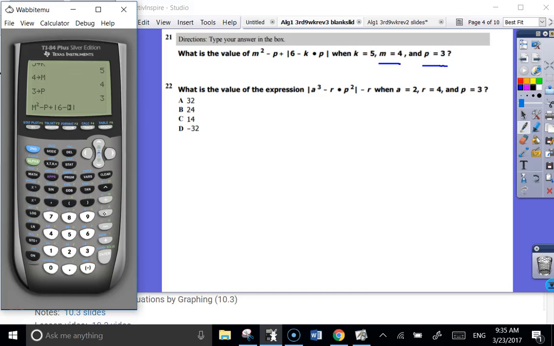So where's the k? That's right. Alpha, left parenthesis, and alpha 8. And then to get out of the absolute value, which you really don't have to, you just right arrow. So does that look like the same thing? Yeah. M squared minus p plus 6 minus kp? Yeah. Just hit enter then. The calculator is going to do it for us.